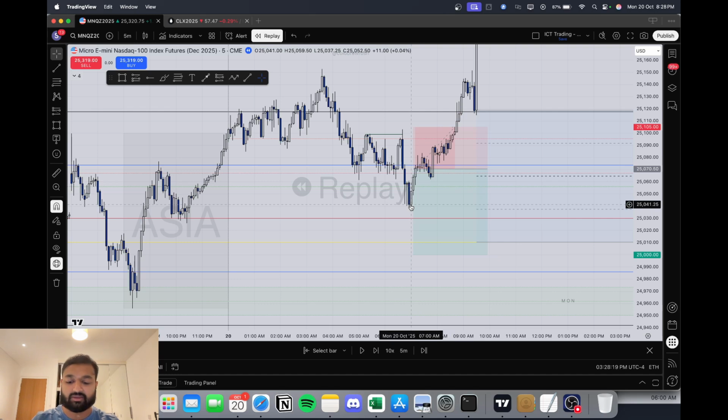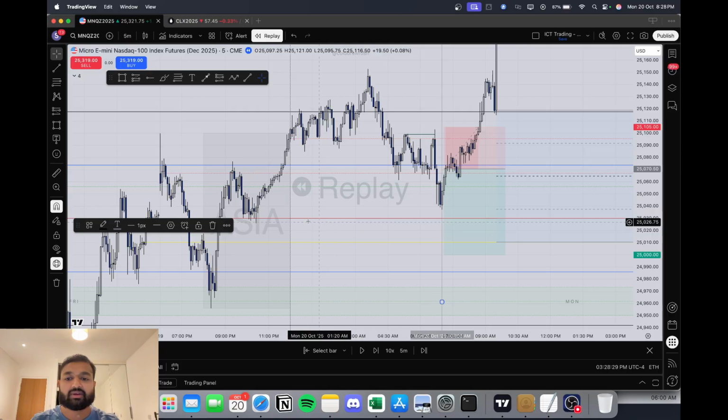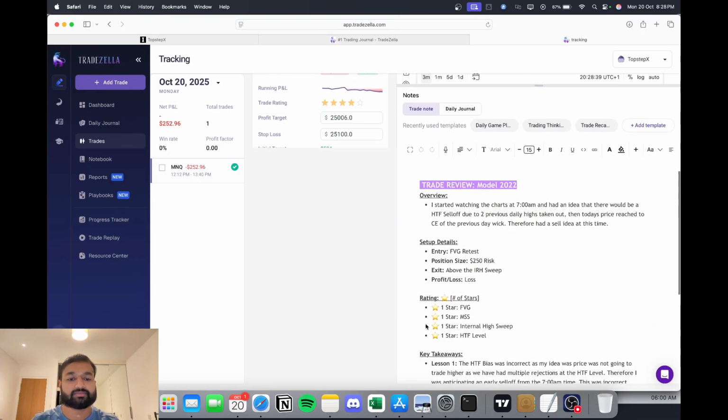So 7 a.m. was here. After 7 a.m., because we took buy side at 6 a.m., I thought we would probably just continue lower, at least to here, and probably to the gap opening, or the Asia lows.